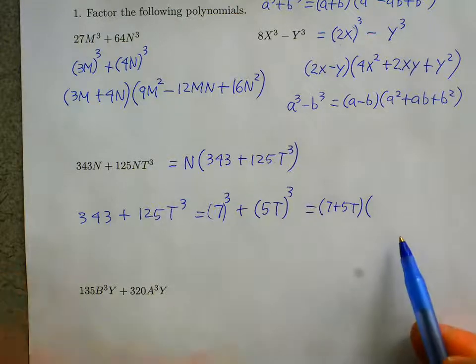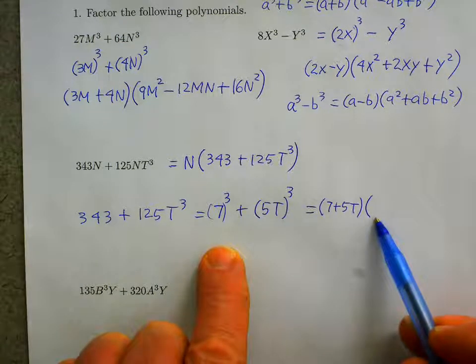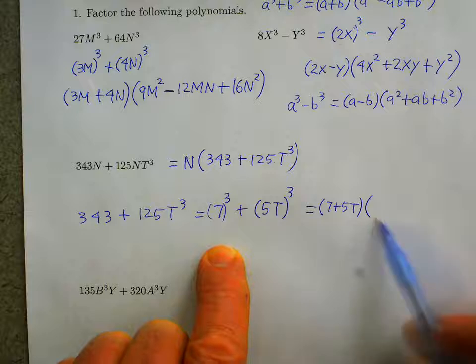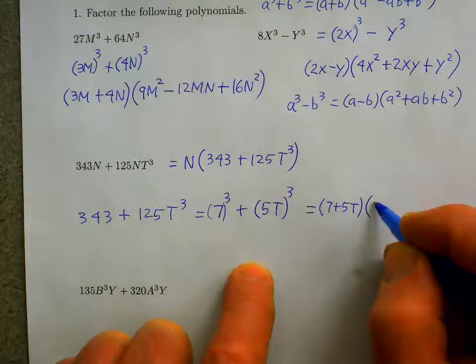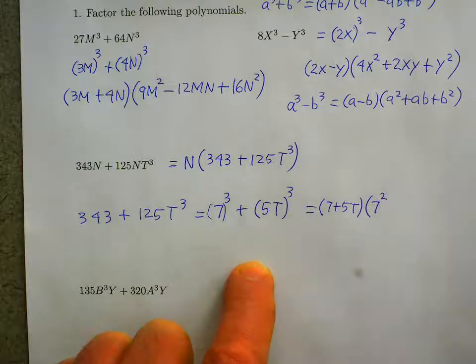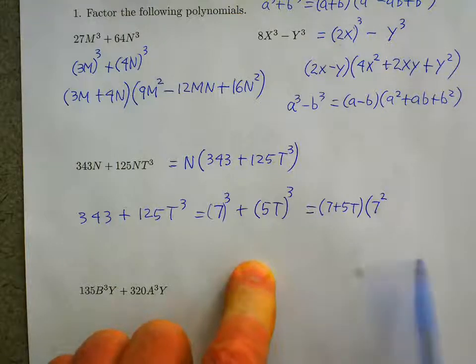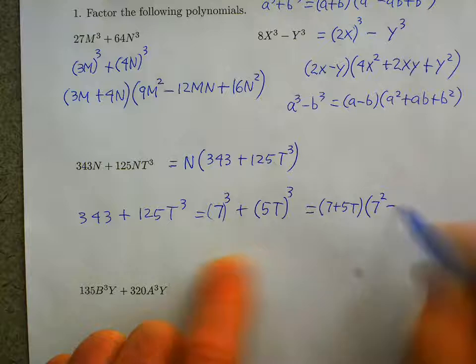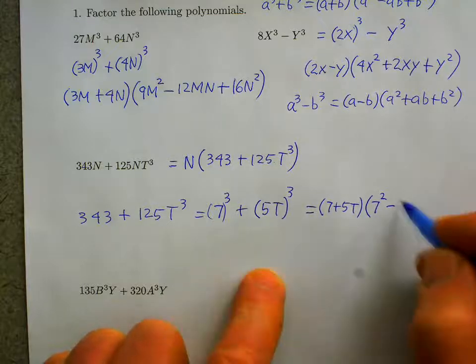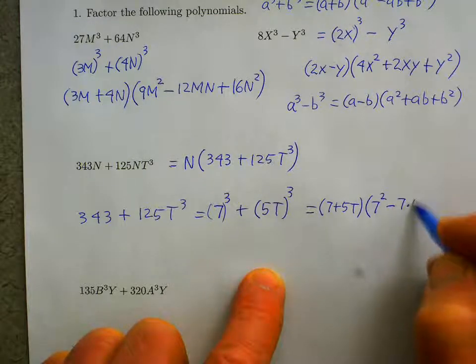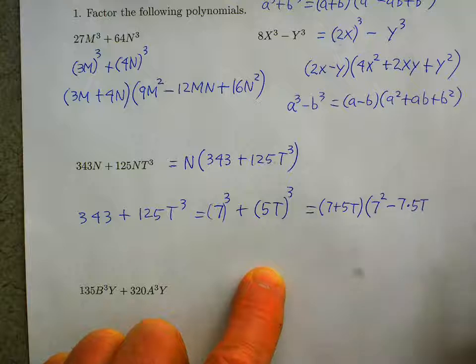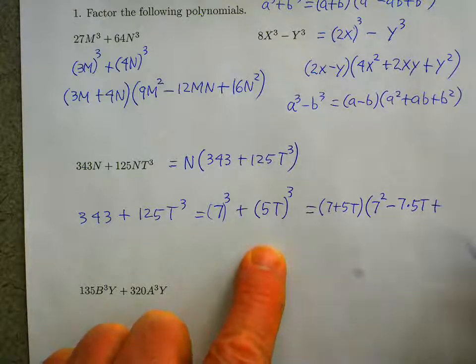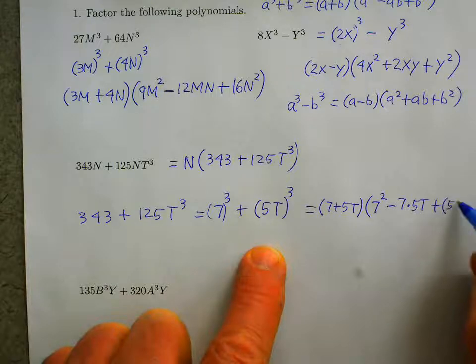And then the trinomial, the first term in the trinomial is 7 to the second. I'll go ahead and write 7 to the second. We'll simplify it more in the next step. Then we're going to subtract 7 times 5t, and then we're going to add what we get when we square the term 5t.